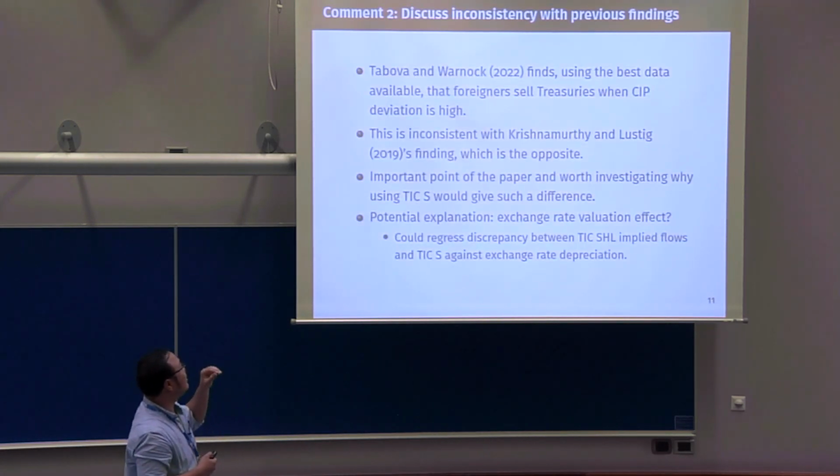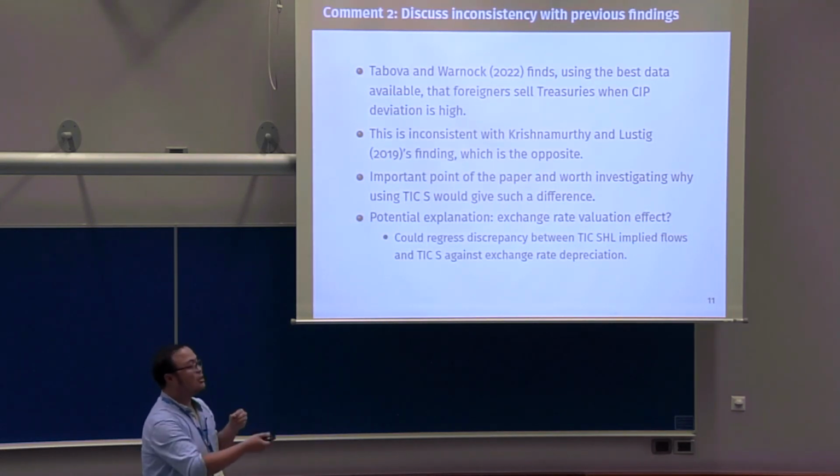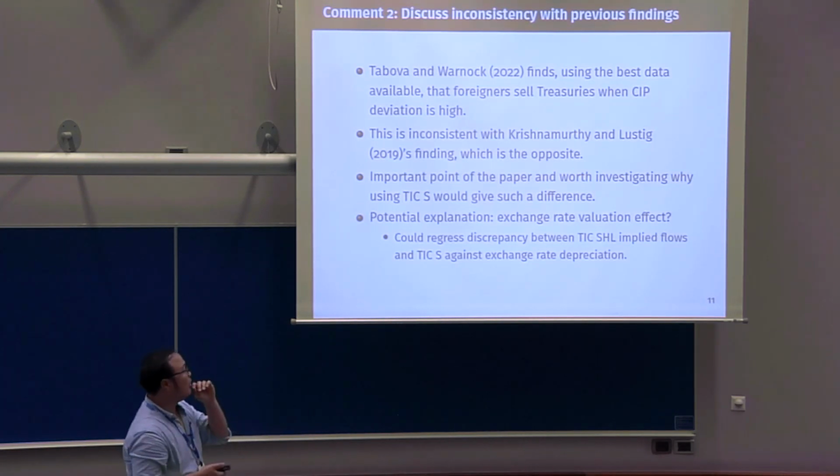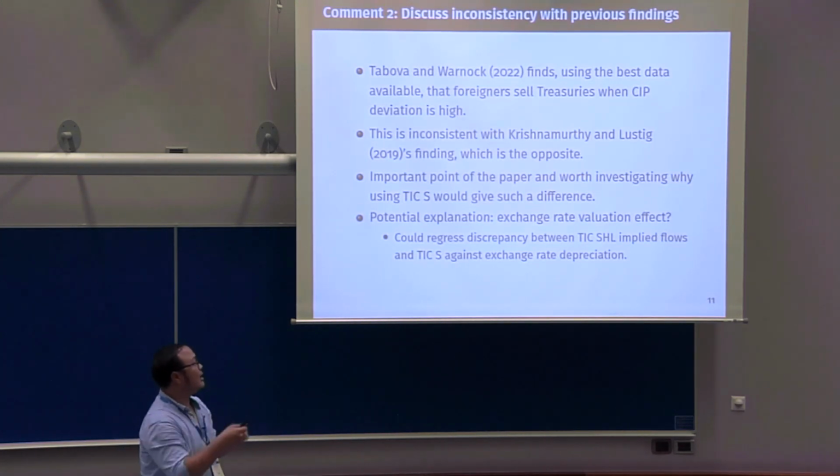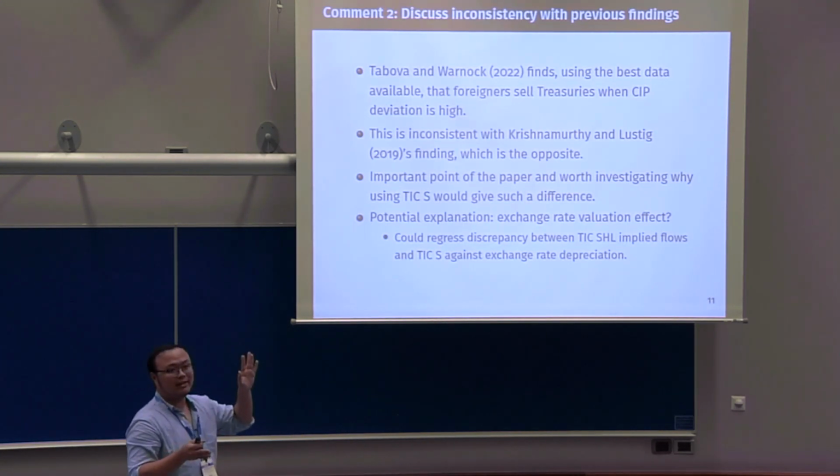In this paper, the authors find that foreigners would sell treasuries when CIP deviation is high. We can think about a period when everyone rushed to buy the dollars, price up, yield is really low. And so these two papers would find very different things.